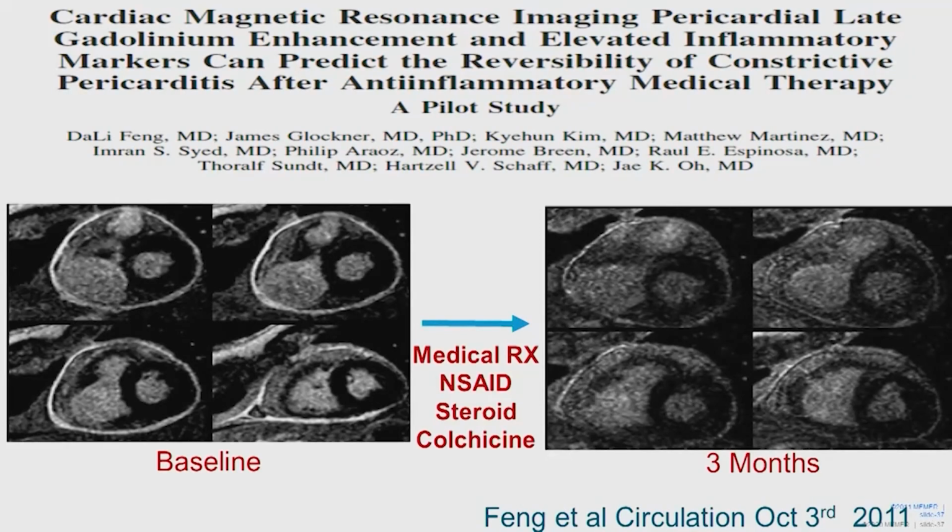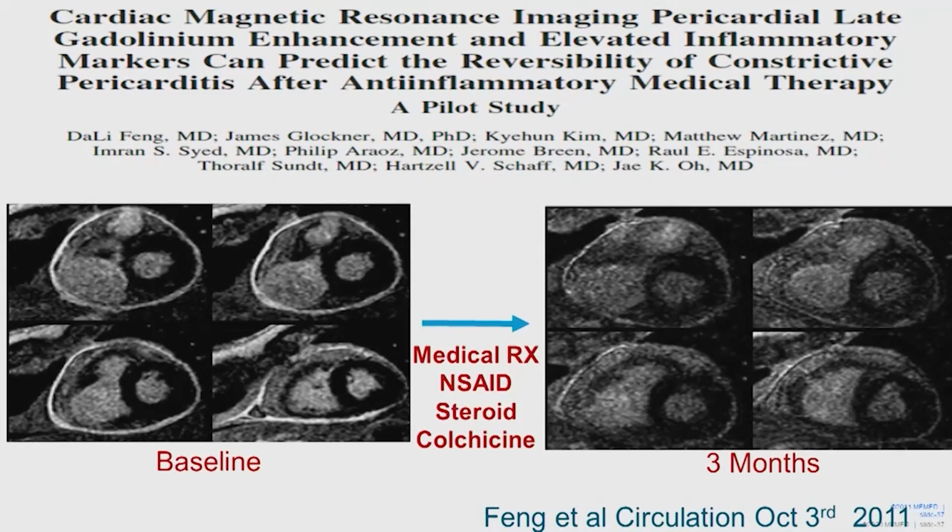But we do cardiac MRI in most patients to assess the pericardial inflammation. If someone has marked inflammation, as you see here, this is gadolinium delayed enhancement in the pericardium, and that indicates that the constriction is not yet fixed.